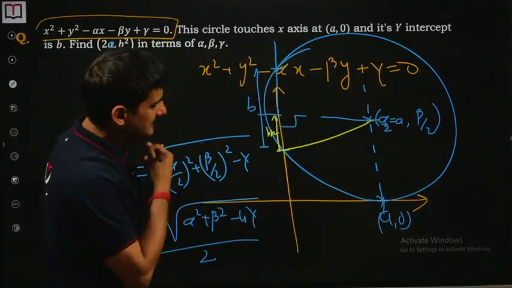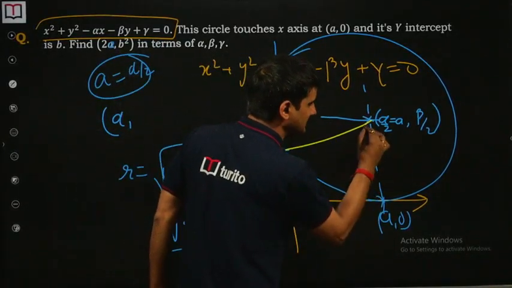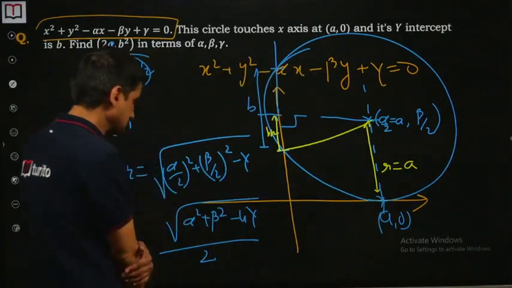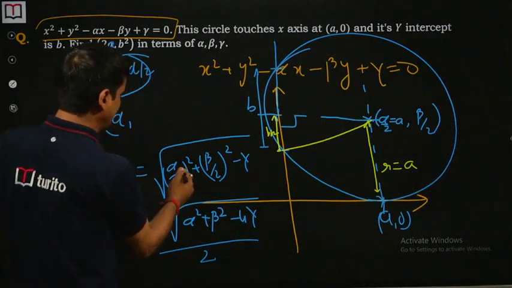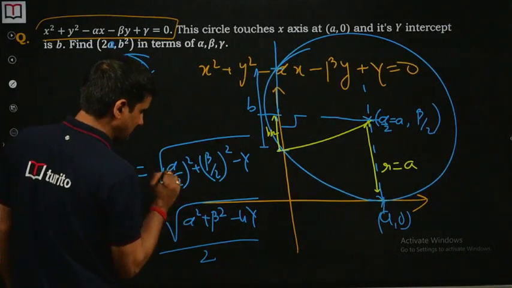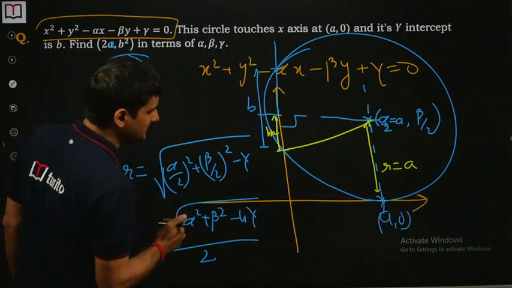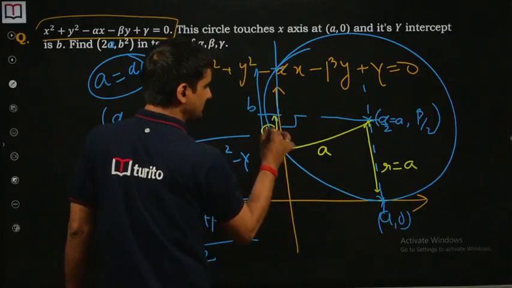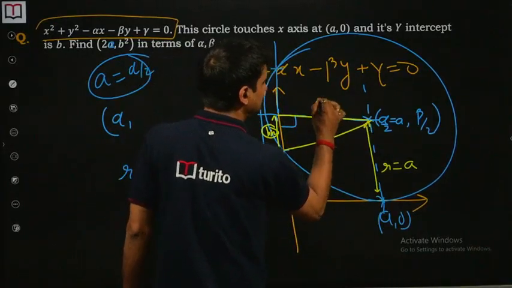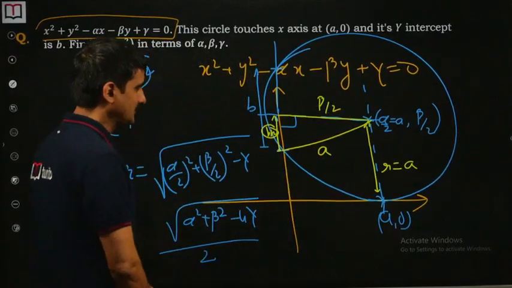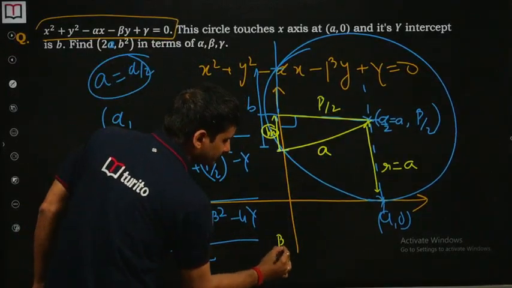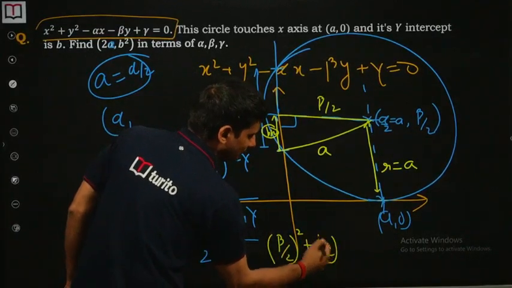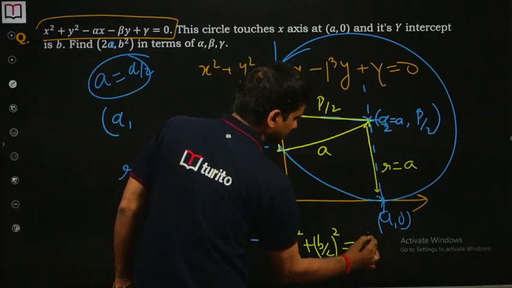One more thing, isn't that also the radius? That's the radius, which is a. So we have one more relation here. And alpha by 2 is a, so we can replace it with a. So this is a, this is b by 2, and this is our beta by 2. So beta by 2 whole square plus b by 2 whole square is equal to a square.